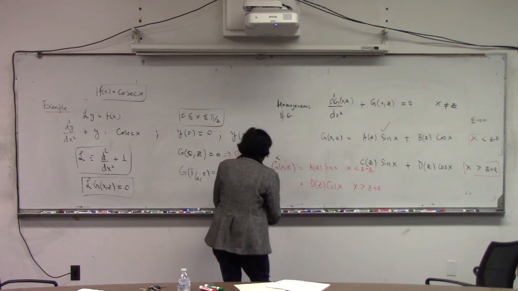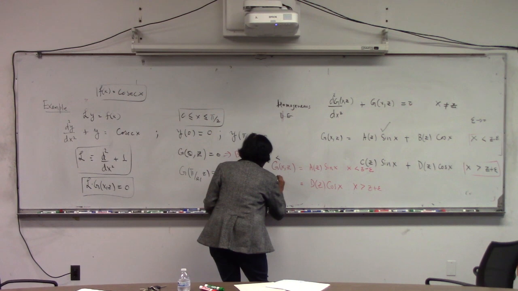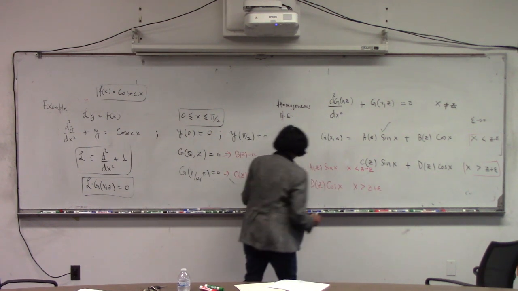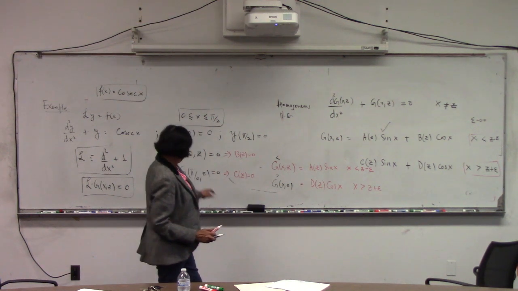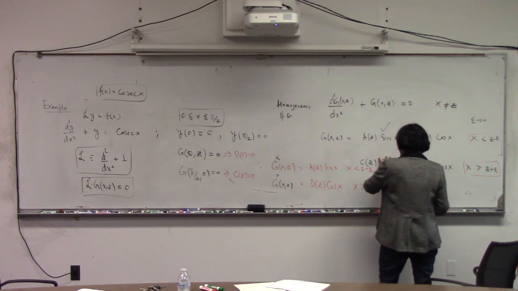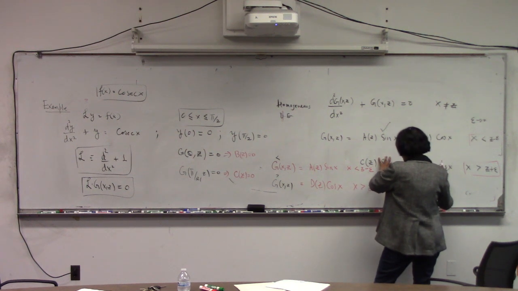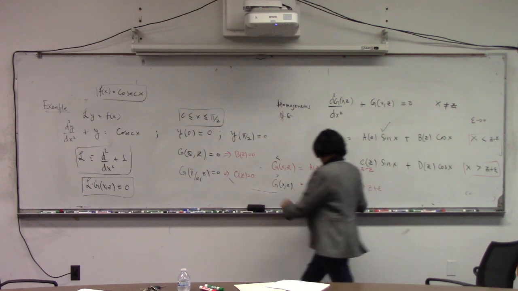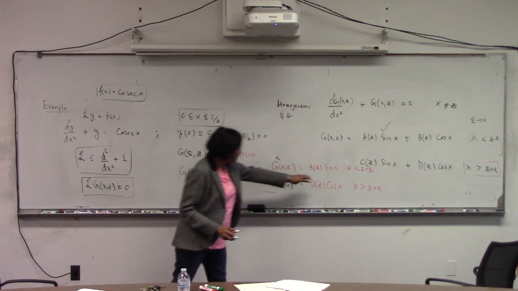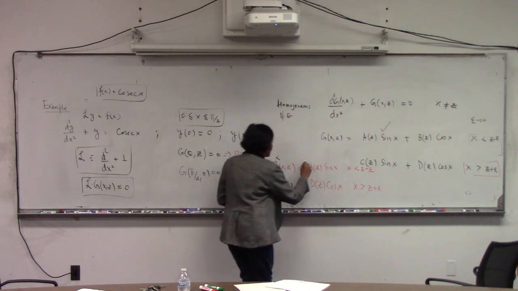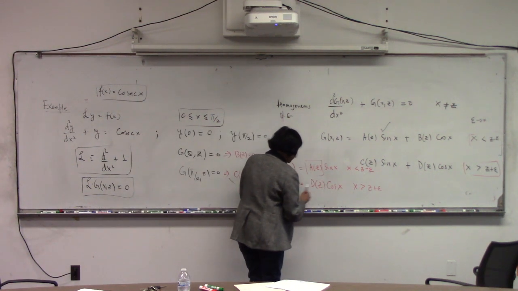This is for, let's say, g, just to remember, this is that regime. Okay, that symbol is normally used. At pi over 2, this is 1 and that is 0, and the only way it will go to 0, so that's okay. I'm just trying to say I have the correct functional form. So in one regime you have sine x, in the other regime you have cosine of x, and I still have to calculate all these coefficients.